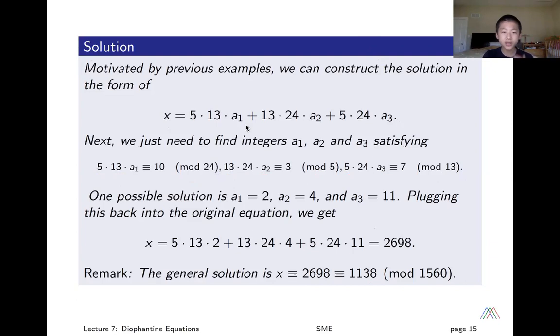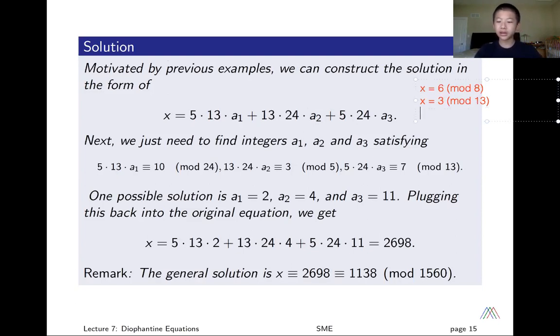So let's say you had 2 equations. You could do the same thing, except let's say you had, I don't know, something like x is equivalent to 6 mod 8, and x is equivalent to 3 mod 13.